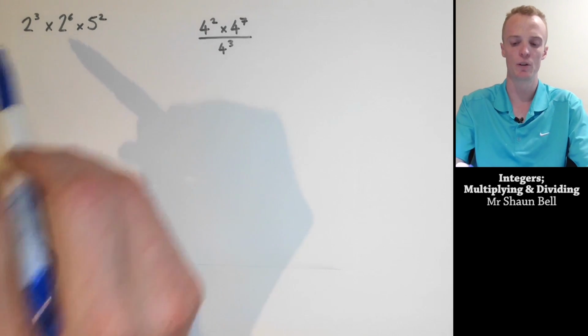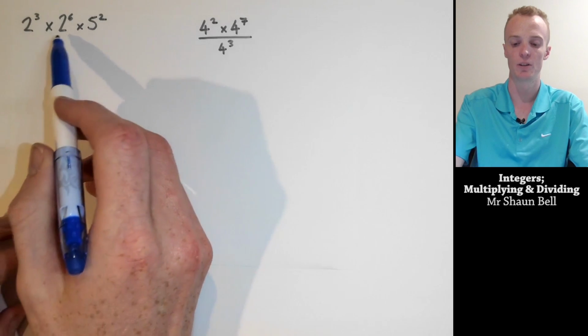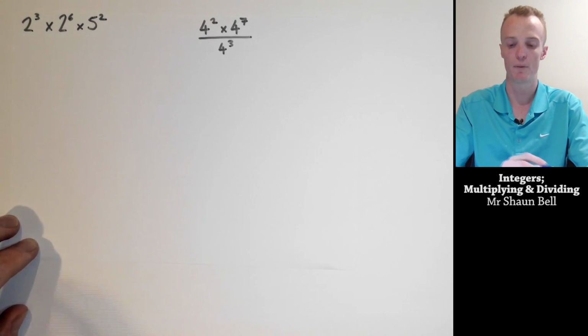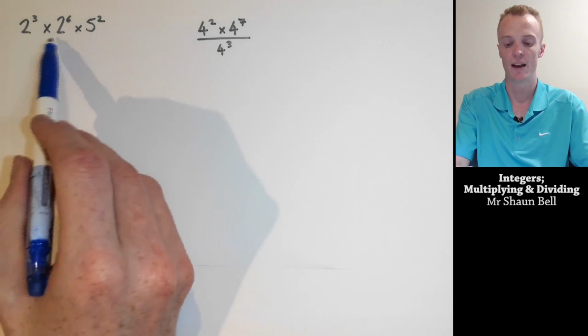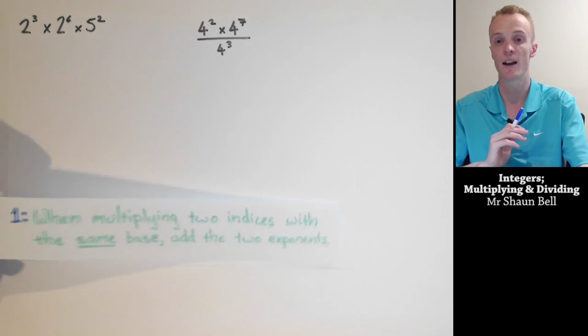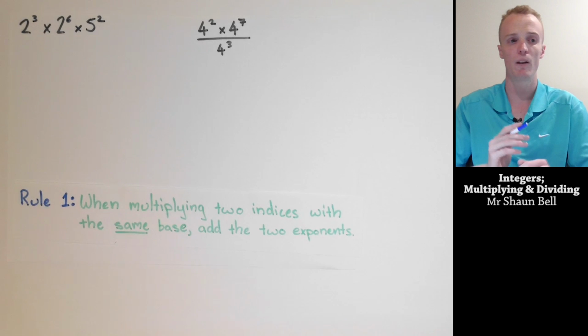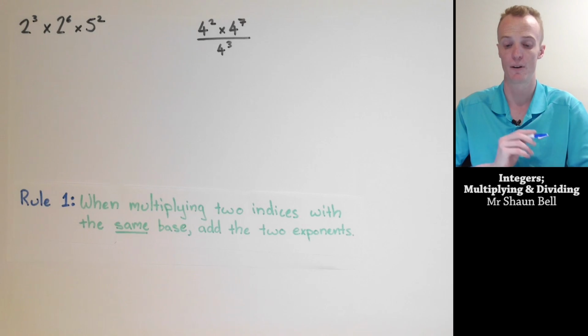Alright, so let's step it up a bit. What if I've got 2 cubed multiplied by 2 to the 6th power multiplied by 5 to the second power? Well, I first need to group together those that have the same base, in this case the number 2, and apply our first rule. When multiplying two indices with the same base, we add the exponents.